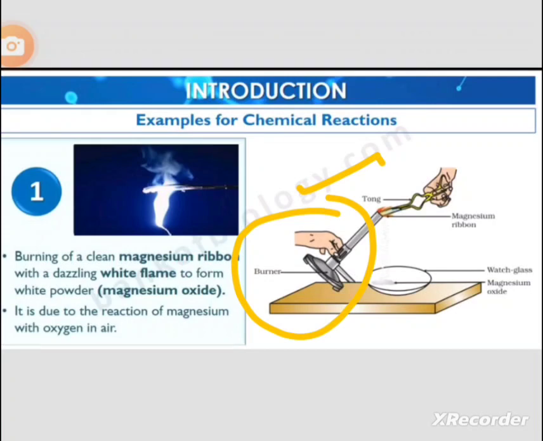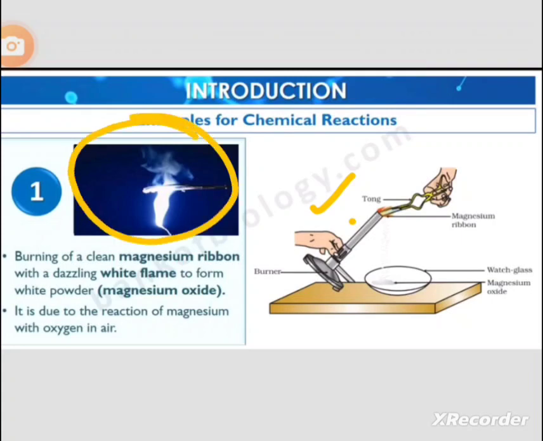We have to hold the magnesium ribbon with the help of tongs. Now what will happen when we bring this magnesium ribbon near the burner? It will start burning with a white dazzling flame.